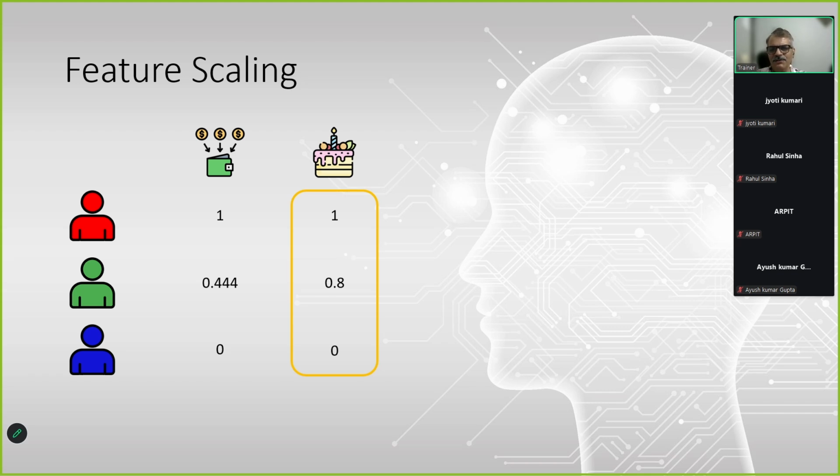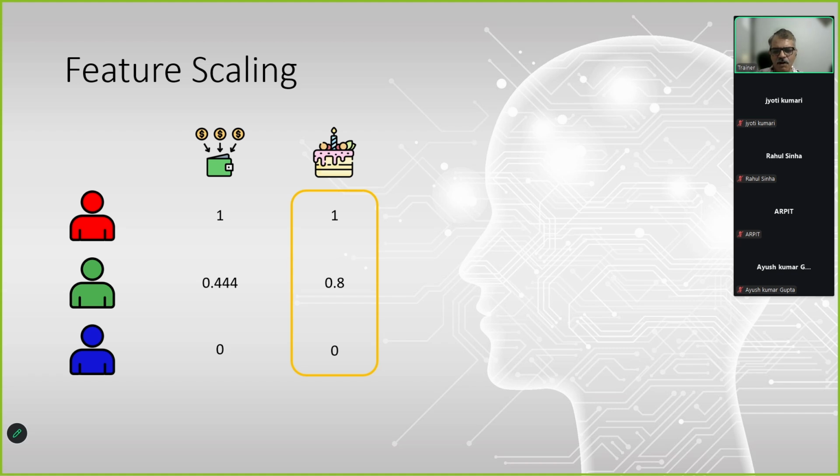Now we have small values, right? Based on these values, which person is closest to the green? Because now we can compare normalized income and age values. All values are on the same scale. In both the columns, salary and age, all values are between 0 and 1. So now these values are comparable, right? So based on this data, which do you think the green person is closest to?